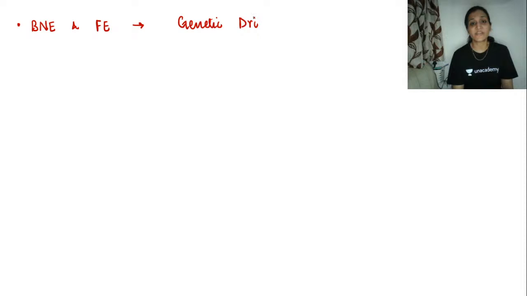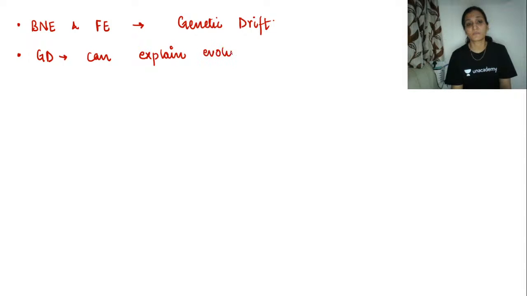Commonly, if you are saying genetic drift, they are responsible for explaining various evolutionary processes. They can explain evolutionary processes, and specifically they can explain speciation.